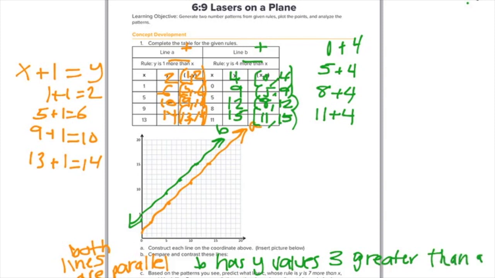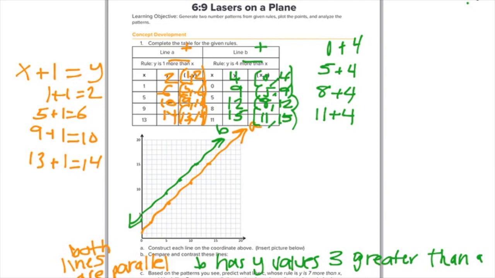It's more than A by 3. Okay, we added 1, right? If you think about it, for line A, it was 1 more. And for line B, it was 4 more. So if you subtract that, it's saying, oh, there's a difference of 3 units.